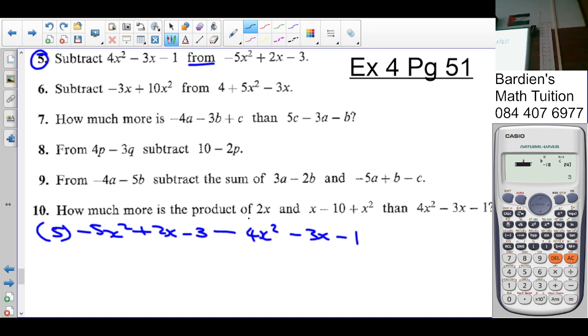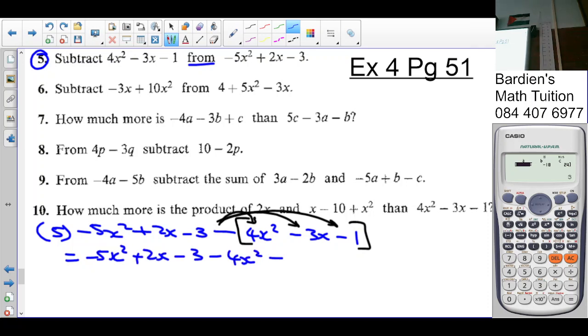Here you must have a bracket. Why? Because that is more than one term following a negative sign. So we multiply that in. That's going to give us negative 5x squared plus 2x minus 3 minus 4x squared plus 3x plus 1.